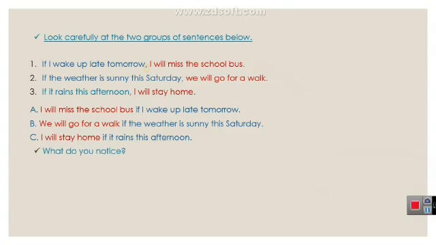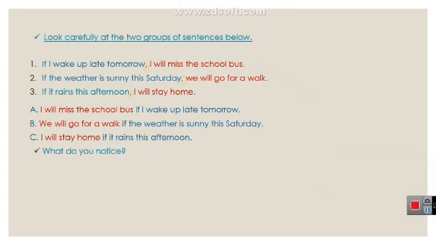In sentences 1, 2, and 3, the main clause comes after the if clause. So, we use a comma between the if clause and the main clause. In sentences A, B, and C, the main clause comes before the if clause. So we don't use a comma between the main clause and the if clause.